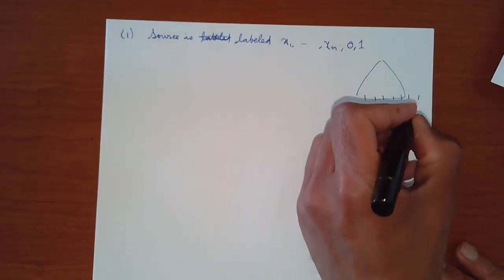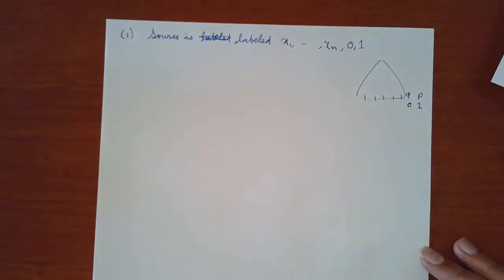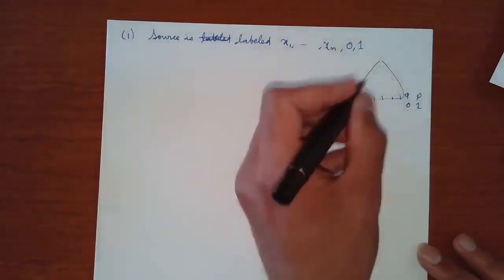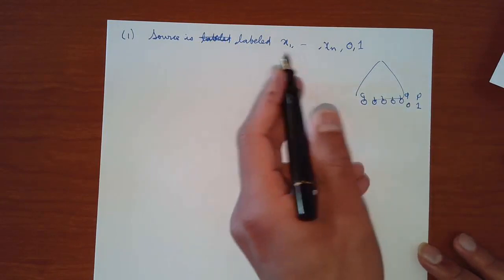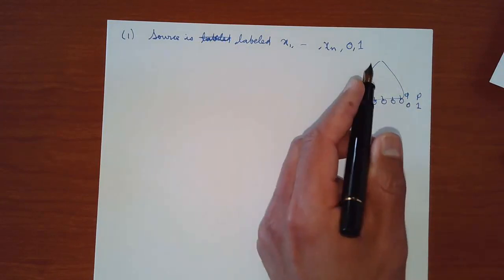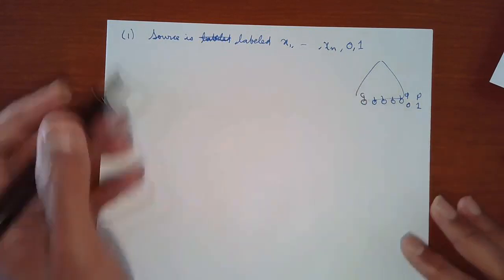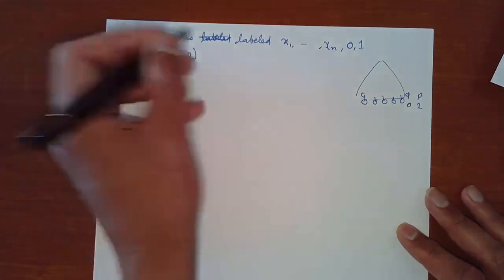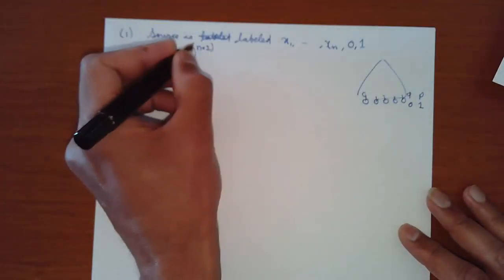We may want to hard code something as a 0 or a 1. So the sources are labeled x1 to xn, and we'll assume that there are n plus 2 sources, because you want a separate source for the 0 and 1. So the number of these is n plus 2 to the power n plus 2.